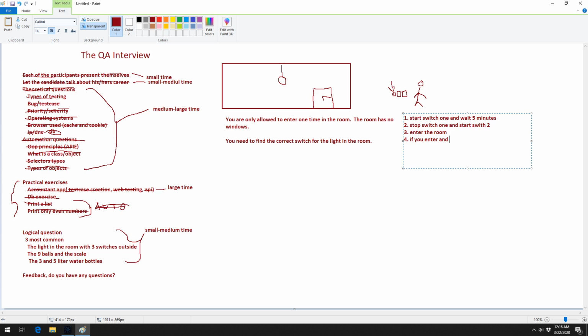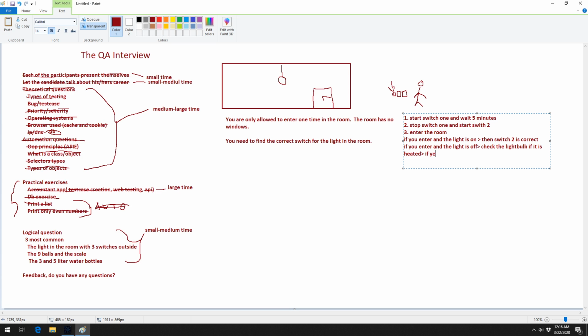if you enter and the light is on, then switch 2 is correct. Yeah, not correct, but the right answer. I'm gonna go with correct. If you enter and the light is off, check the light bulb if it is heated.